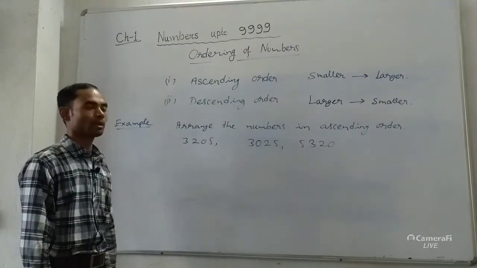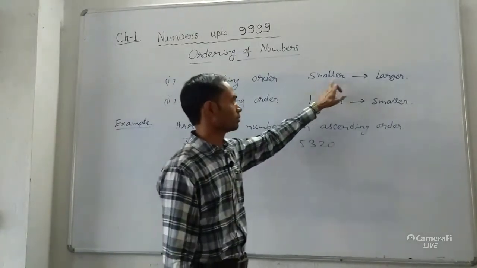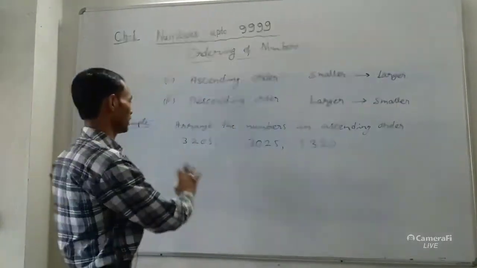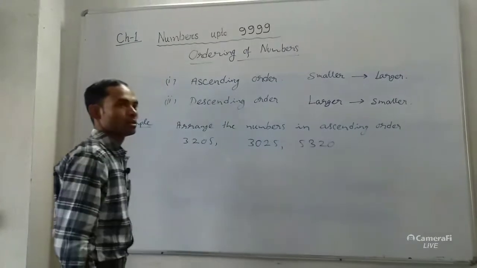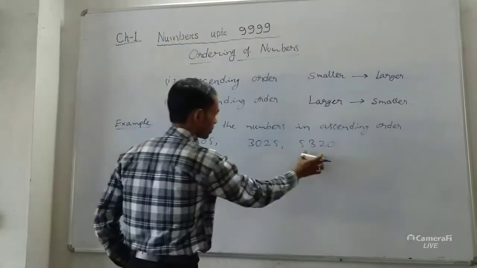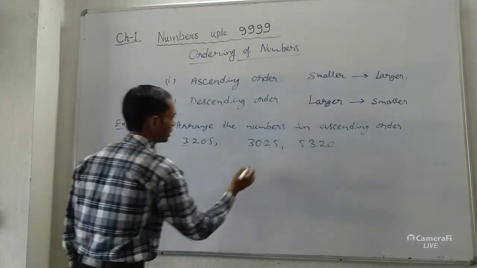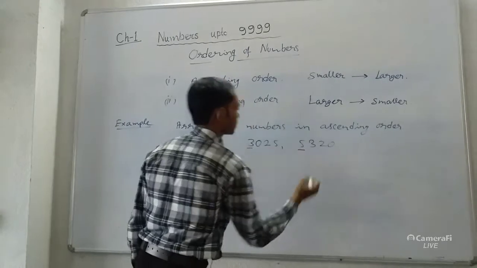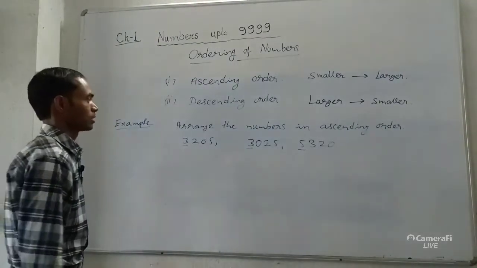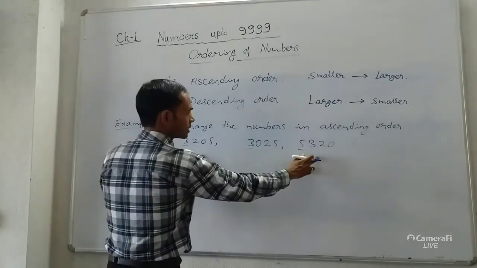You have to arrange the numbers in ascending order. So ascending order means smaller number to larger number. First we will find which one is smaller. So we check the number of digits: 4, 4, 4, same. Now check the first leftmost digit, here is 3, here is 3, here is 5.